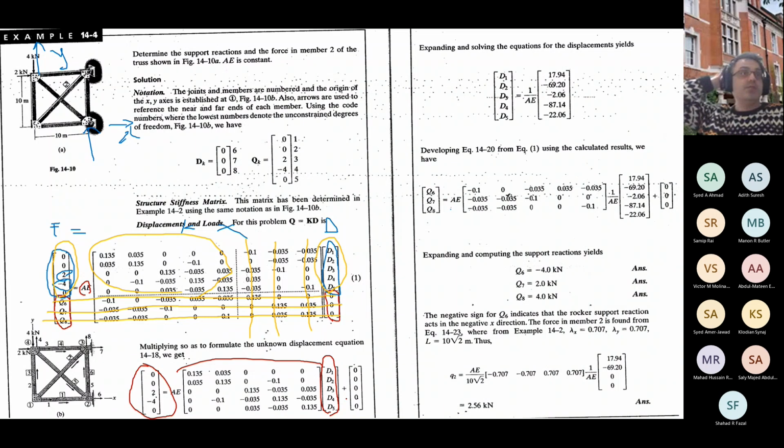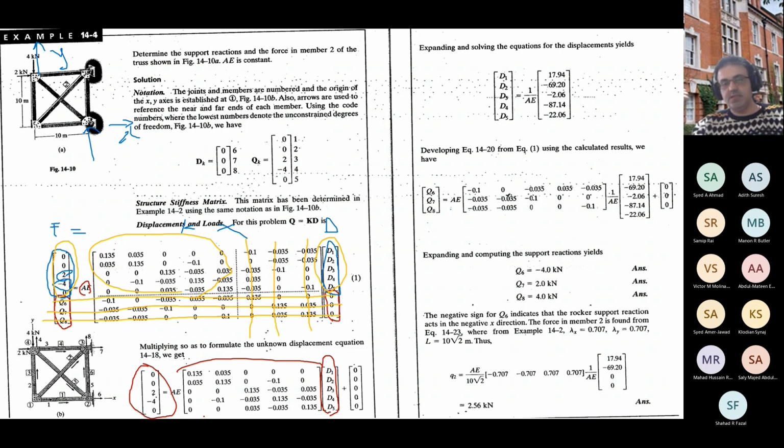Now, when you come up to this stage, you can invert the matrix. So you can say if F is equal to K delta, the delta would be the inverse of this 5 by 5 matrix multiplied by this 5 by 1 external forces. I strongly recommend you go to my recorded video about how to invert the matrix by Excel or MATLAB.